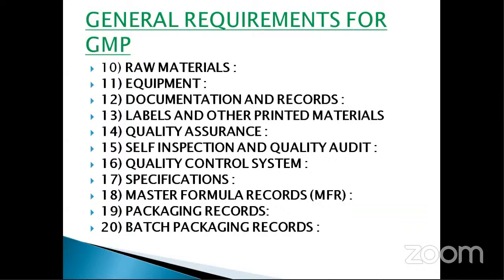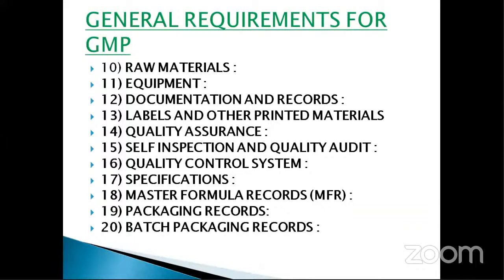Next, labels and other printed materials. Labels are absolutely necessary for identification of the drugs. And the quality control chemist will see whether labels are at par with the provisions of the law as well as the provisions of the manufacturing unit or not. If approved, then they will be kept in the approved place. Label stock should be recorded.